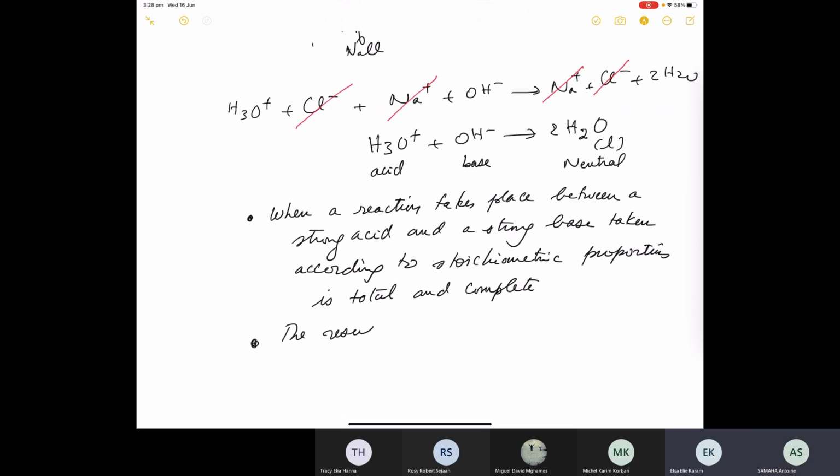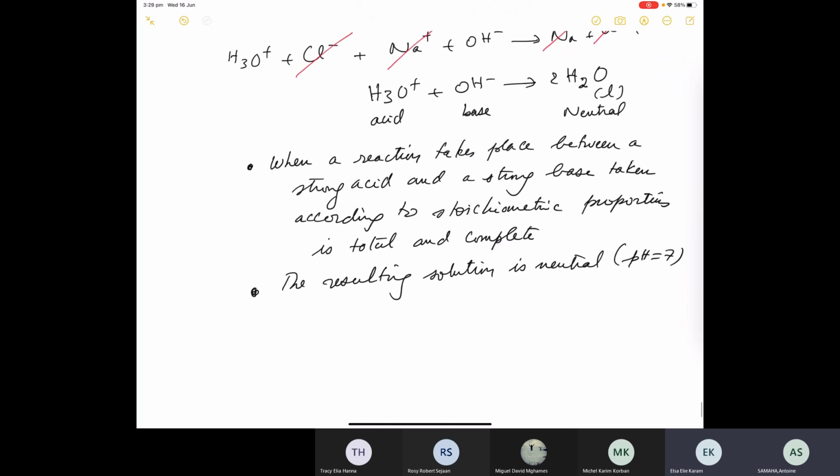The resulting solution is neutral, pH 7.